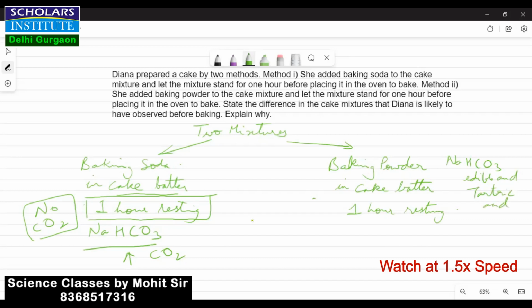Now, when this tartaric acid is mixed in the batter, which means it is liquefied, some liquid, water, is there, it will get activated because acid starts showing its characteristics in water, and it has got a basic salt along with it, which is NaHCO3, baking soda. This is soda, baking soda, which is a basic salt. So you have got a base and you have got an activated acid.